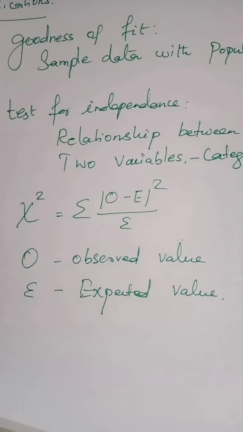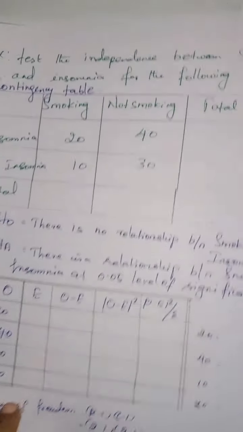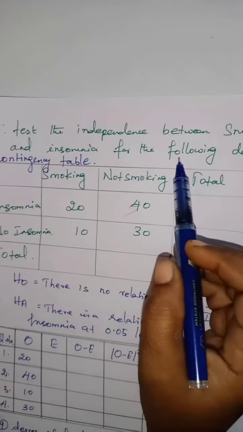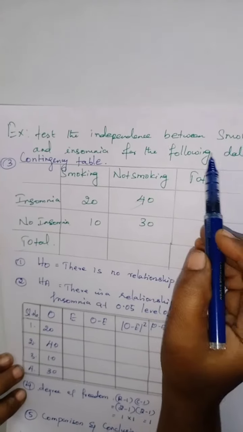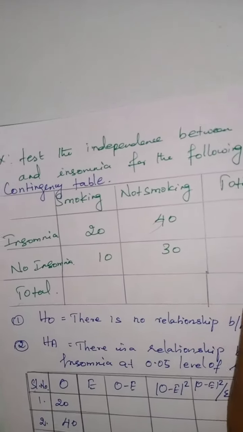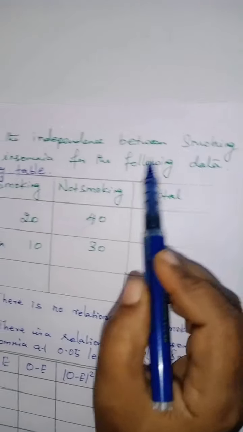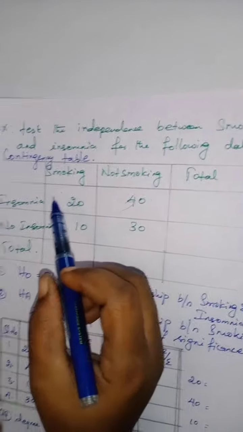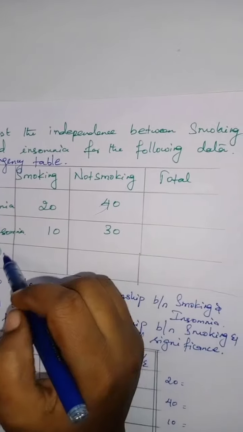Now let us go with an example. Here in this example, we have to test whether there is any relationship between the habit of smoking and the occurrence of insomnia among 100 participants. The data is given here.